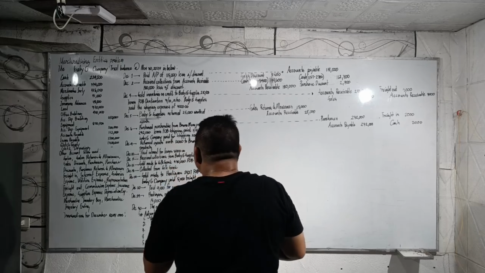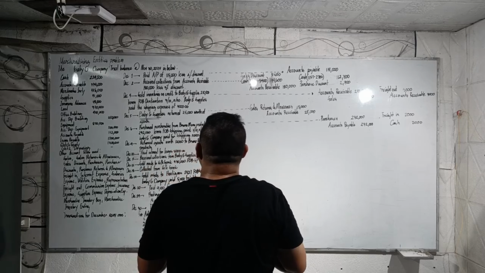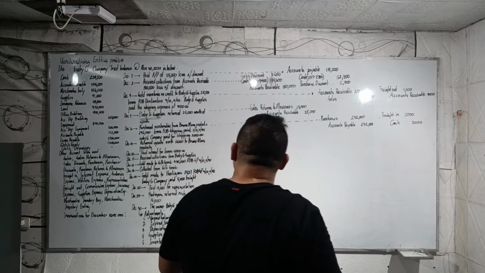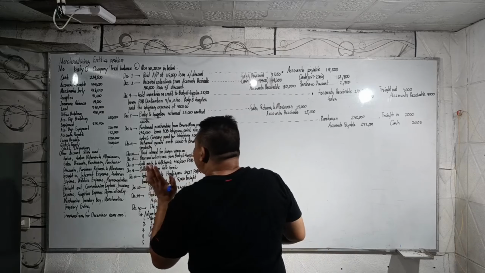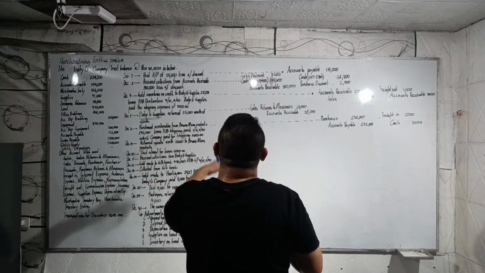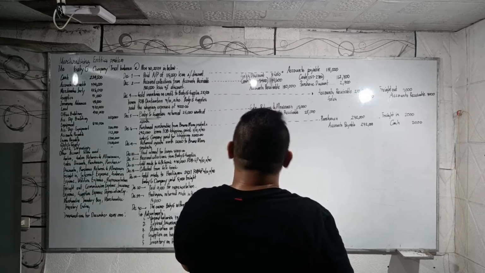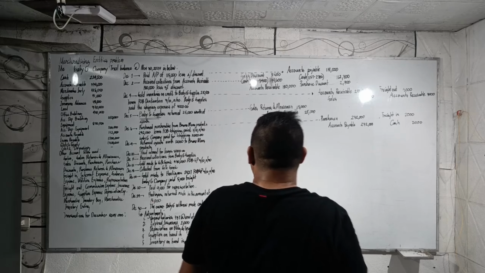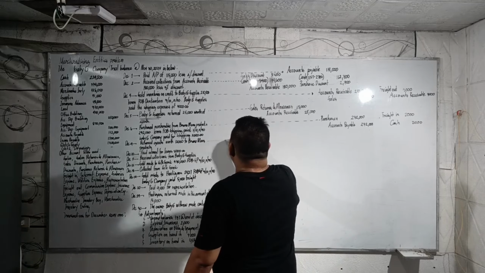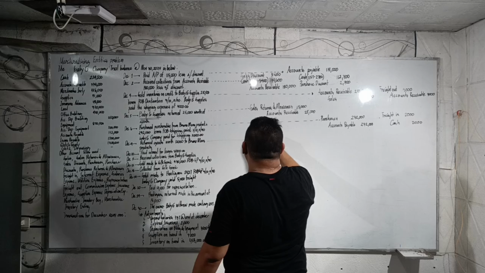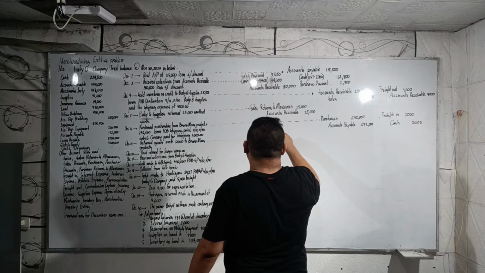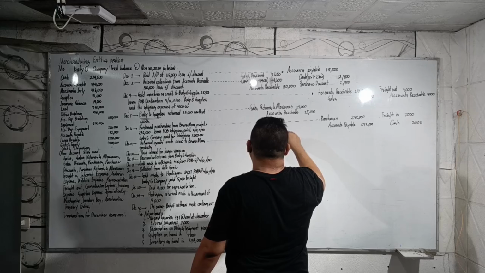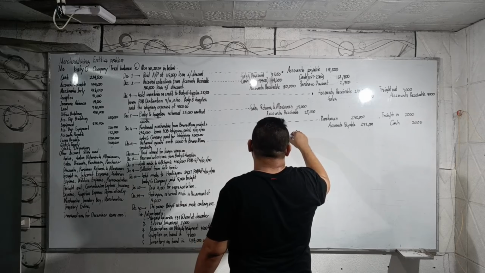December 9, we returned goods worth 12,000 to Bruno Mars. Again, Bruno Mars is our supplier. We return goods. I don't know what is the reason. It's not given in the problem, but we return goods worth 12,000 to Bruno Mars products. So what will happen? Of course, if we return something, our accounts payable will be deducted. How much? 12,000.